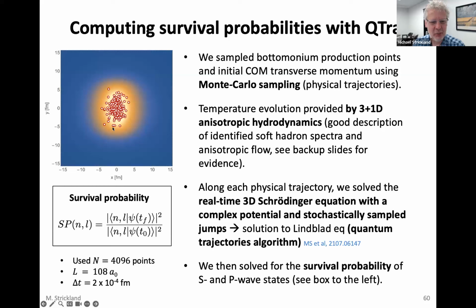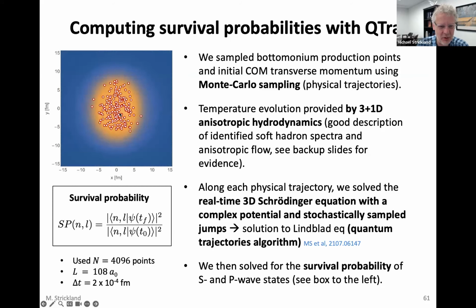We sample their initial production points from the binary collision overlap of the two nuclei. So this is a particular non-central collision, and you'll produce them probabilistically aligned with the shape of the quark-gluon plasma itself. And then, of course, we also sample their momentum from essentially the pp production cross-section, so we know what to sample there.